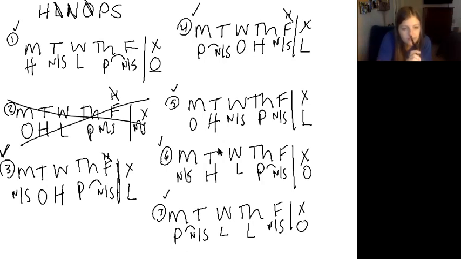Next rule says, if Old Town is visited, then it is visited on the day immediately before Hidden Hills. So every time we see an O, we have to make sure that H immediately follows it, which eliminates D. If Lakeville is visited, then it is visited on Wednesday.